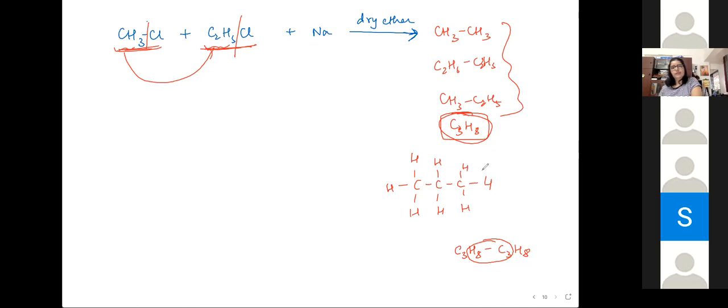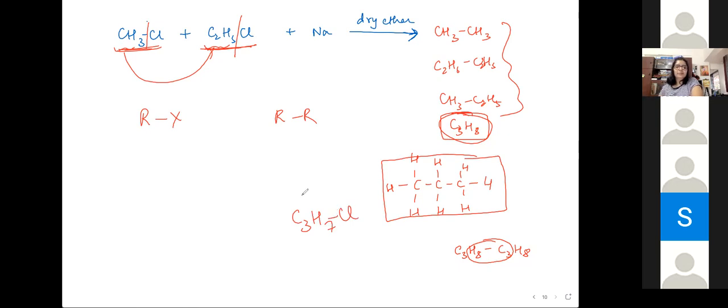And two, you need RX in order to get the RR. This is just a complete alkane. You need to have C3H7Cl. Then it becomes part of the possibility. But this is not there in the reactant.